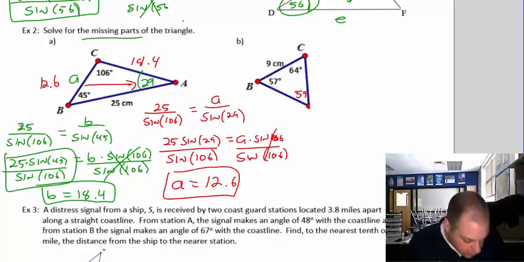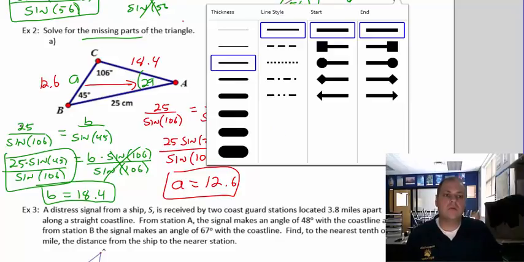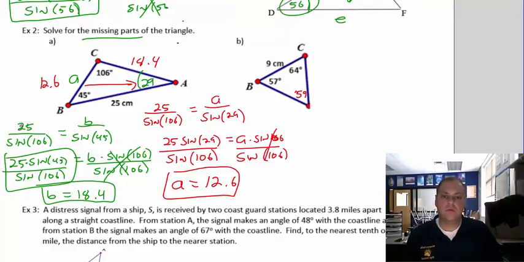All right, so we're going to do 9 over the sine of 59 equals, now let's say we want to find B, right? Side B right here. All right, little b over the sine of 57.